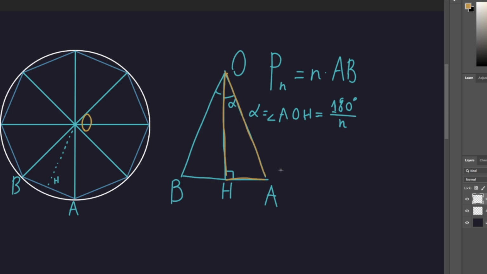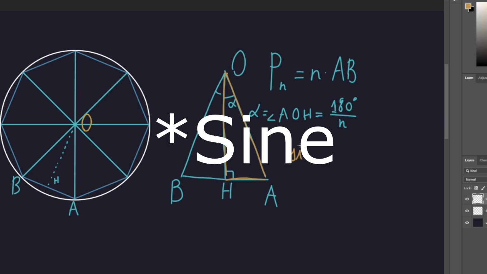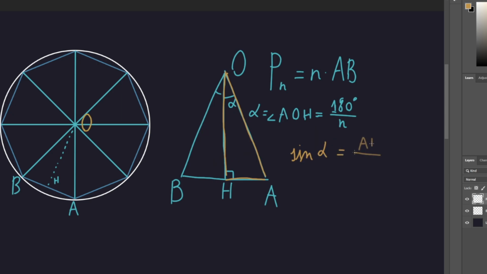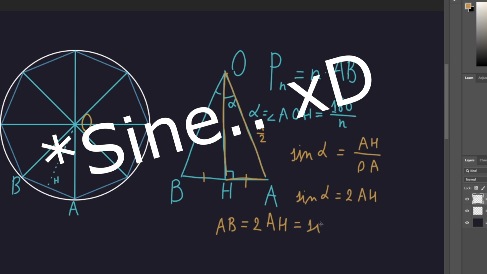Since the angle OHA equals 90 degrees, we can say that sine alpha equals AH divided by OA. But OA equals 1/2 because it's a radius of our circle. Thus, we get sine alpha equals 2AH. But we also can notice that AH and BH are equal segments. So AB is exactly 2AH. And 2AH is exactly sine alpha.